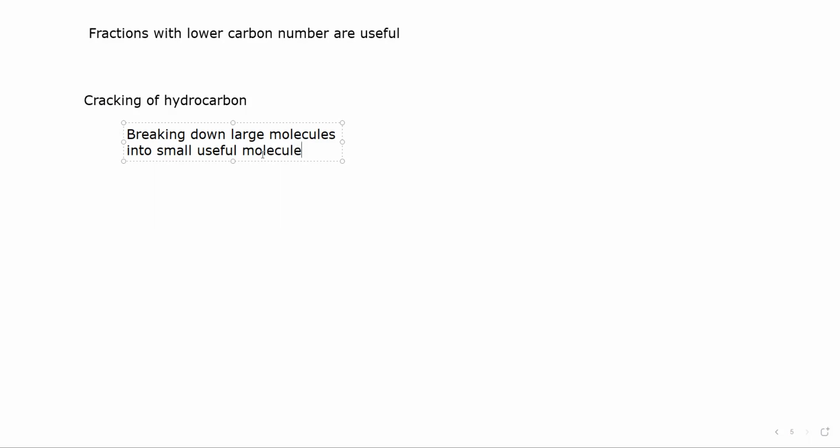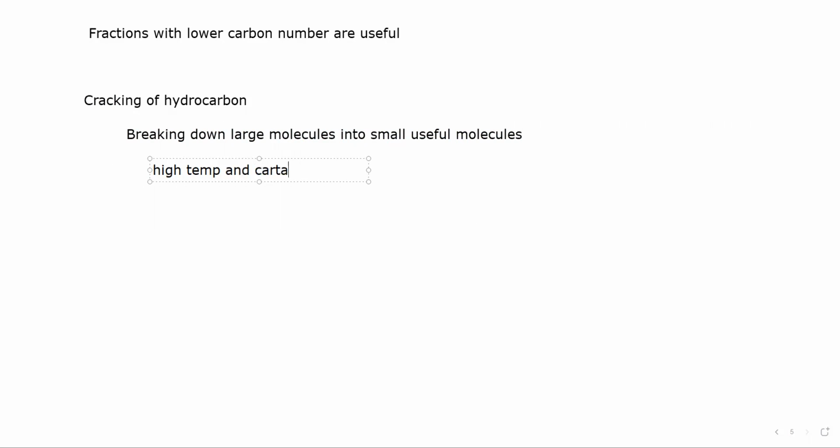For this cracking, we use a high temperature and a catalyst. We are not burning, just supplying heat energy. The purpose of the catalyst is to speed up the reaction, or increase the rate of reaction.